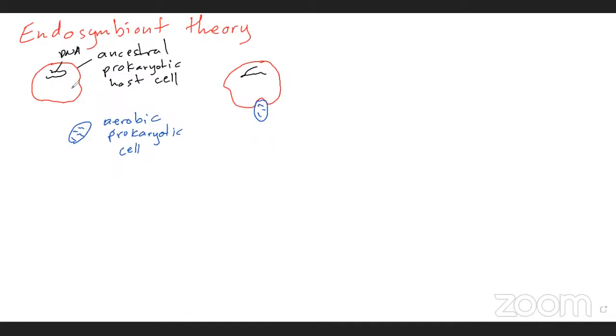All right, so you have this reacting, you get this, right? It is engulfing it. And then now you have it inside of it. So this ancestral prokaryotic cell now, after say, hundreds of years of evolution, right?